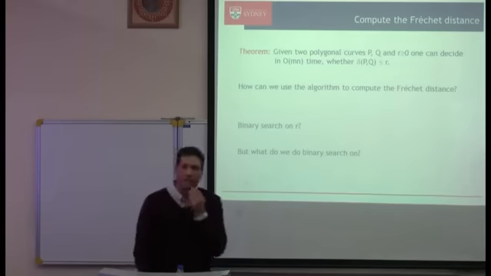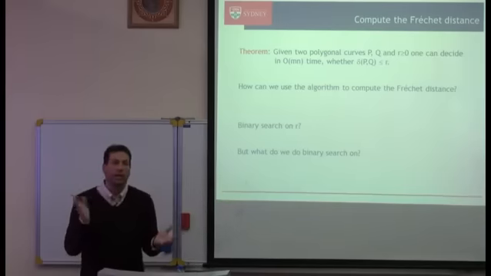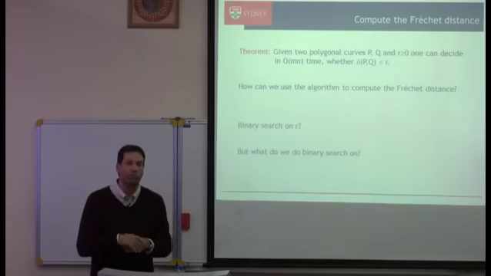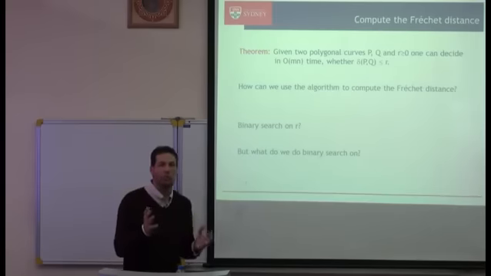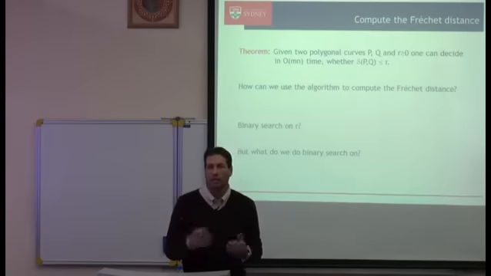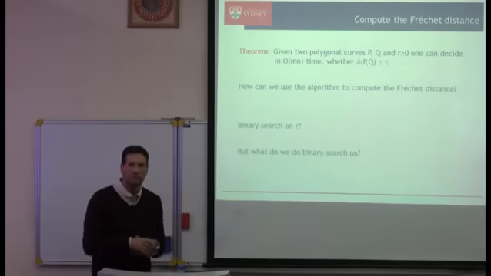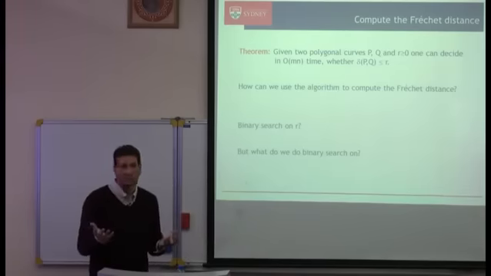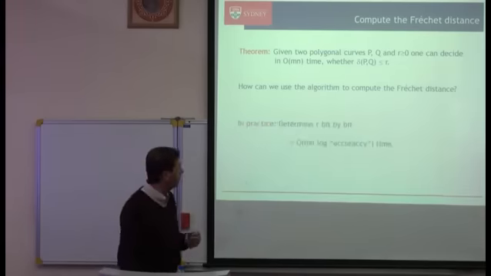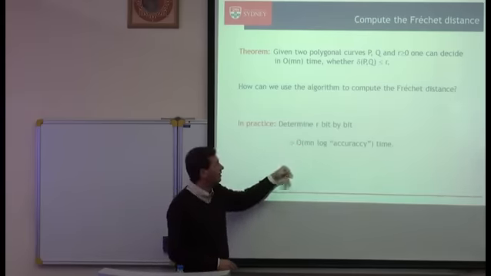So say that I would be happy with some kind of approximation. Say I would be happy if the accuracy is, say, 10 digits or something like that. Can I then do binary search? Yes, right? Because then I could just determine r bit by bit.